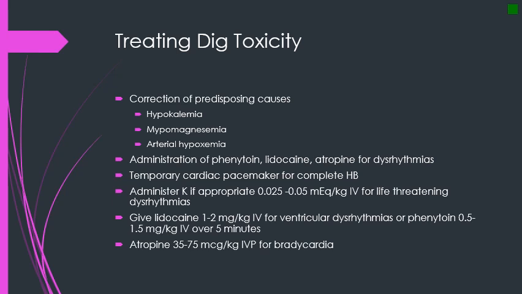And again, when these patients get severe digitoxicity, they'll go into cardiac dysrhythmias, seize, and arrest completely. Atropine, 35 to 75 mics per kilo, IV push for bradycardia, and those are pretty significant for treating digitoxicity. Hopefully your patient won't be anywhere near that.